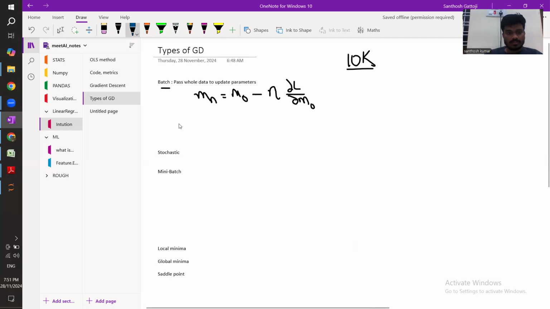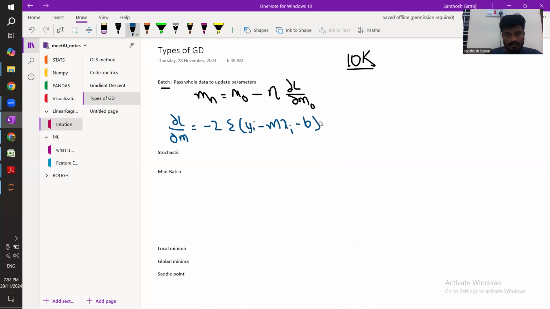So my dou L by dou m will be equal to minus 2 summation of yi minus m xi minus b into xi. Now for slope m, initially we have started with some m old equal to 1.